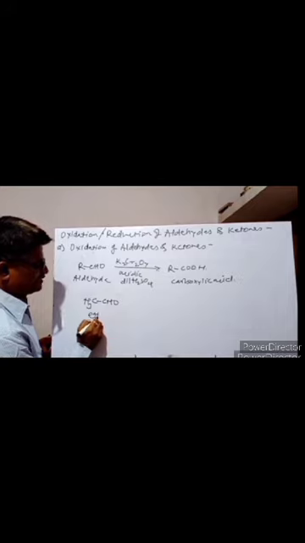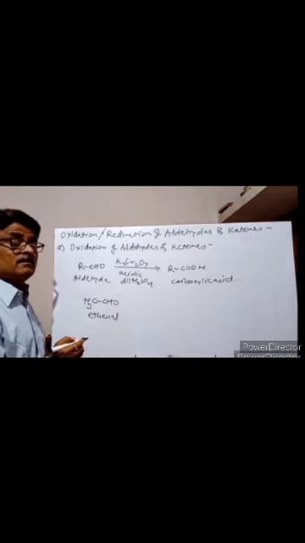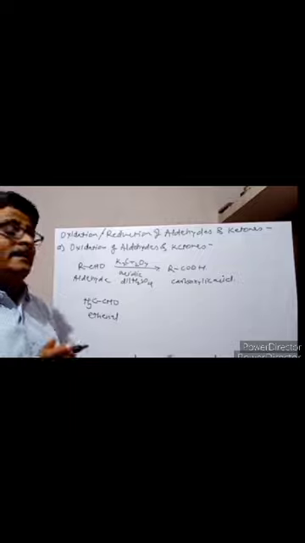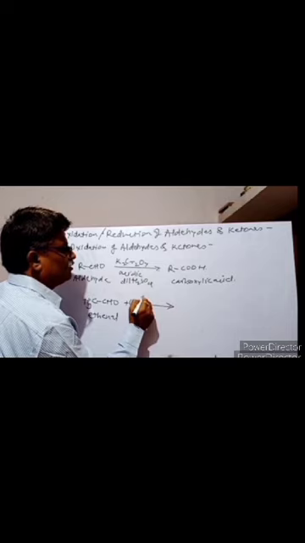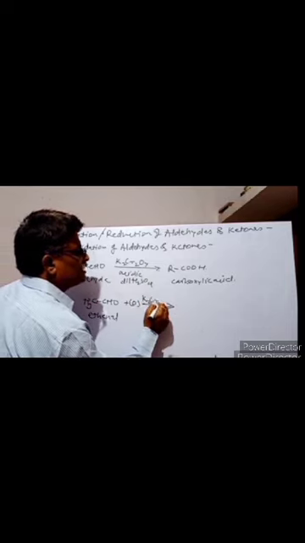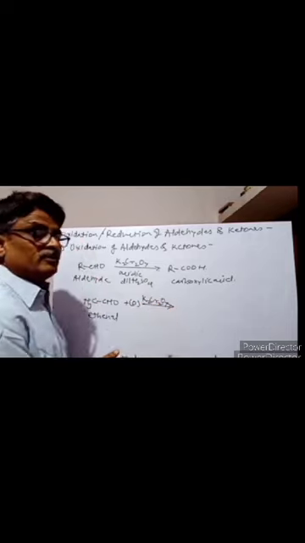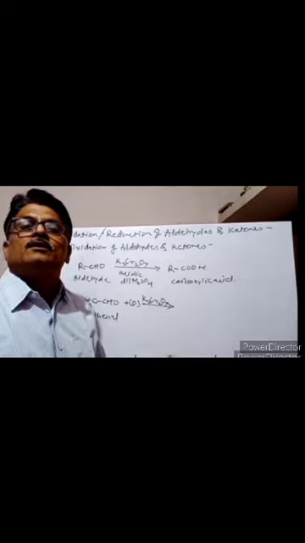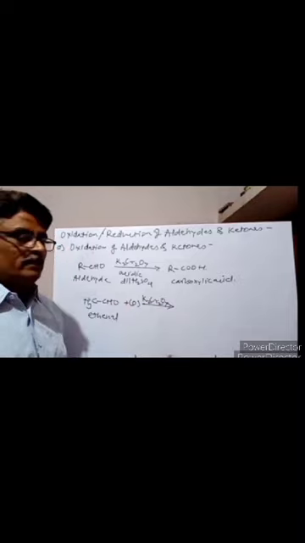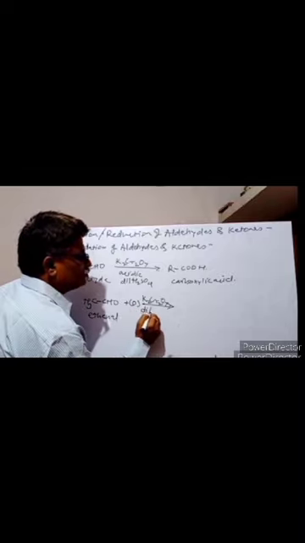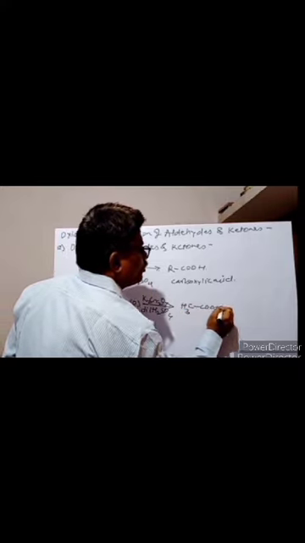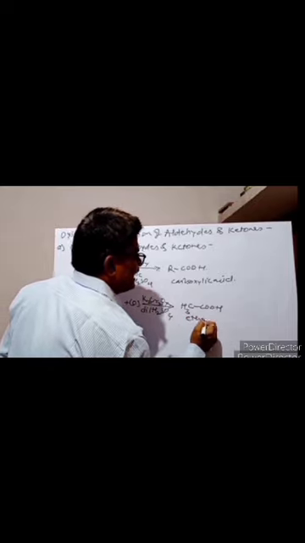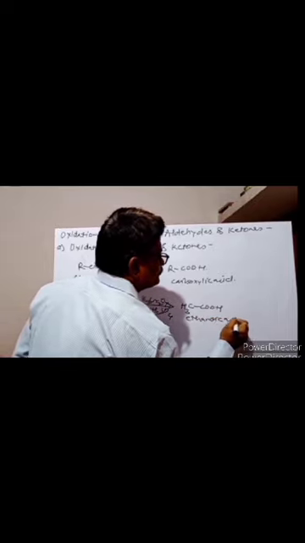This is acetaldehyde, CH3CHO. It is called ethanal, also known as acetaldehyde. It is oxidized in presence of an oxidizing agent like K2Cr2O7. Instead of K2Cr2O7, we can also take sodium dichromate in presence of dilute H2SO4, oxidizing it into CH3COOH, our ethanoic acid.